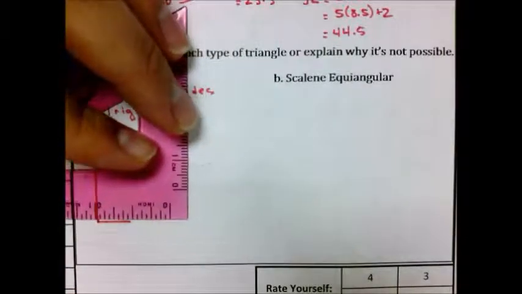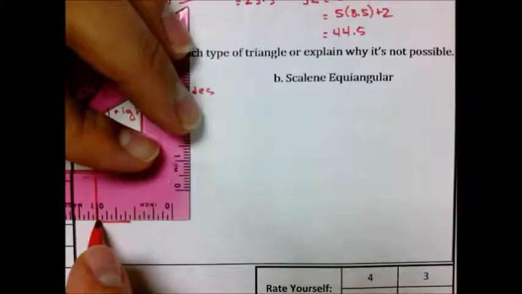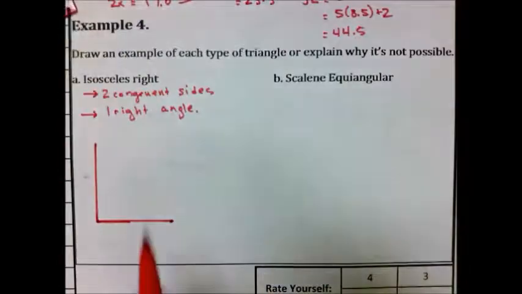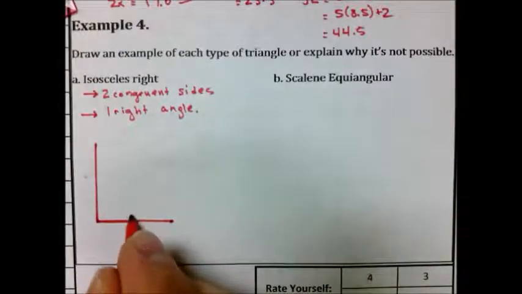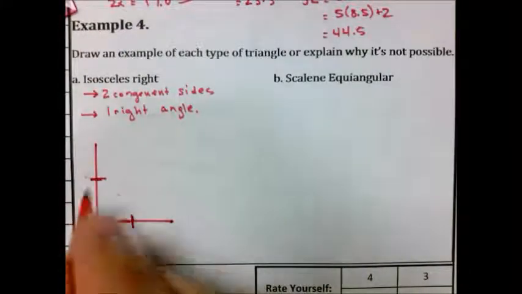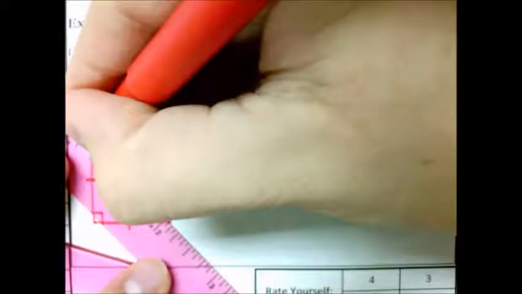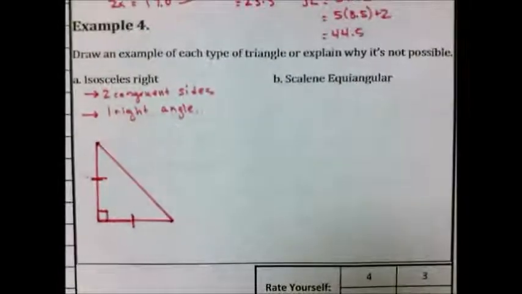And this line should also measure 1 inch in length. I know that's going to be true because it says there are 2 congruent sides. So those we can mark as congruent. There's my right angle. And then I just have to connect the dots between these 2 spots, and then I've created my isosceles right triangle.